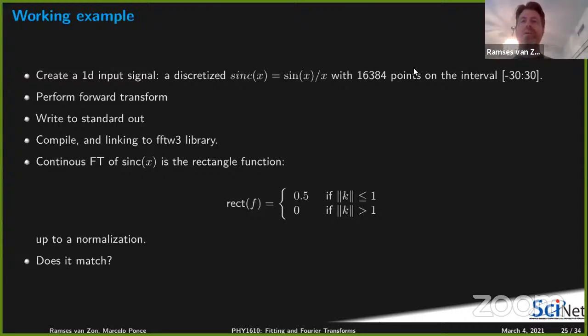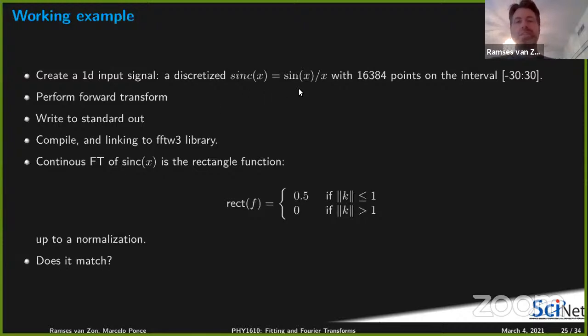With about 16,000 points, I made this a power of 2, in the interval for x values between -30 and 30, we'll do the discrete Fourier transform. We'll write it out and plot it to see how it looks. Then we'll do the inverse.